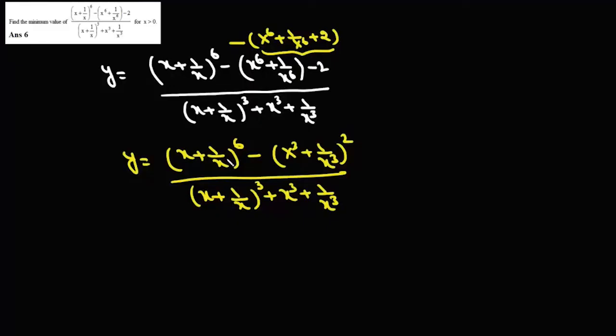Now in the numerator we have (x plus 1 upon x) to the power 6. We'll write this as ((x plus 1 upon x) to the power 3) whole to the power 2. Now this is a square minus b square.